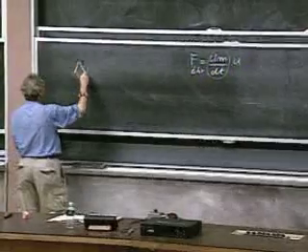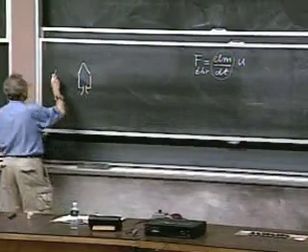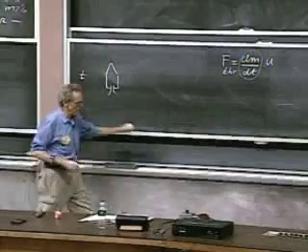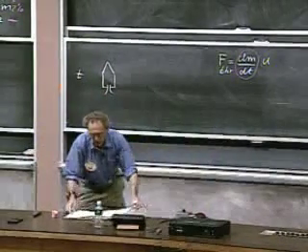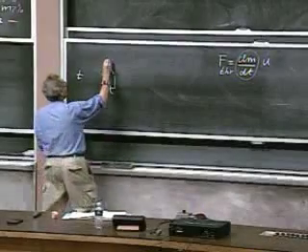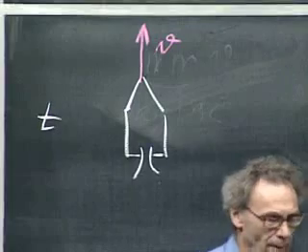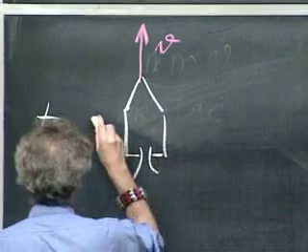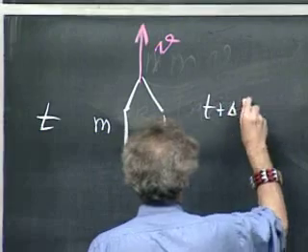So let's now take a rocket which at time t, as seen from your frame of reference, where you are sitting, I use v's, it's your frame of reference, is going up with a velocity v. The mass of the rocket is m. And now we're going to look at time t plus delta t.